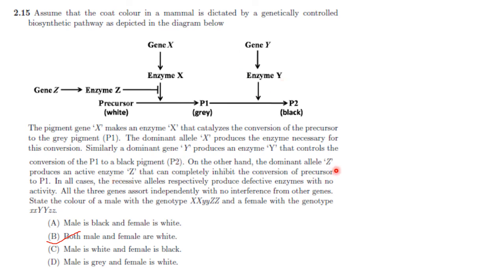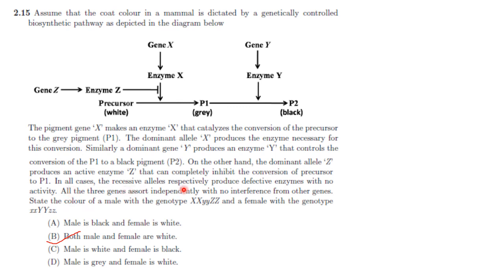On the other hand, the dominant allele Z produces an active enzyme Z that can completely inhibit the conversion of precursor to P1. Why? Because enzyme Z has an inhibitory action on enzyme X. So the precursor, that is white color, will not be converted to P1 or the gray color.